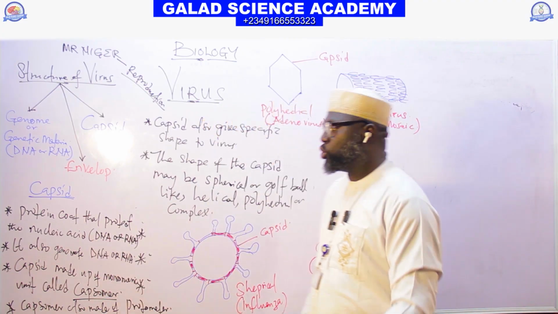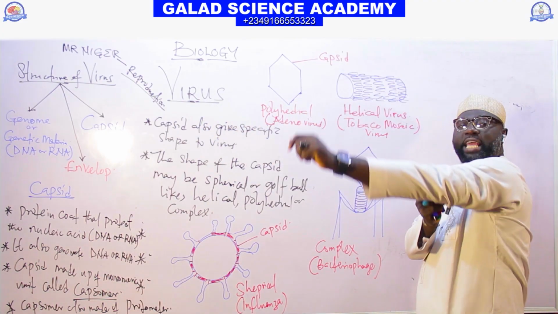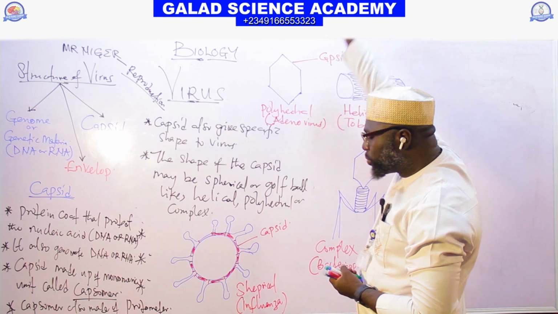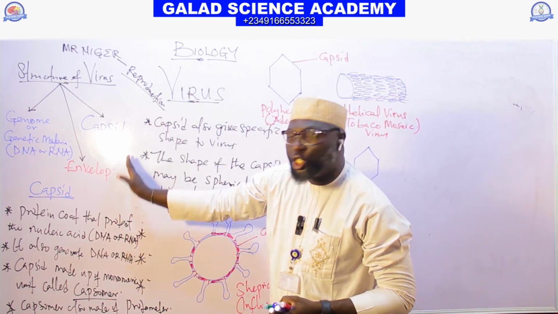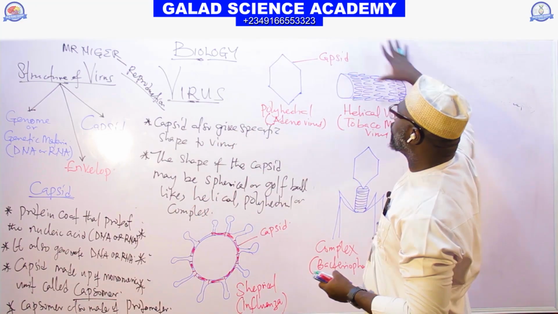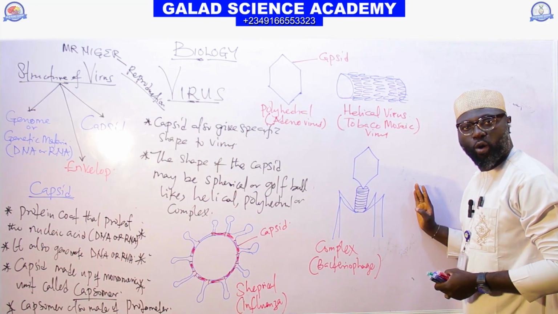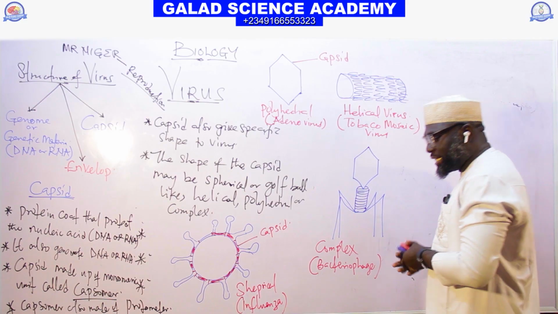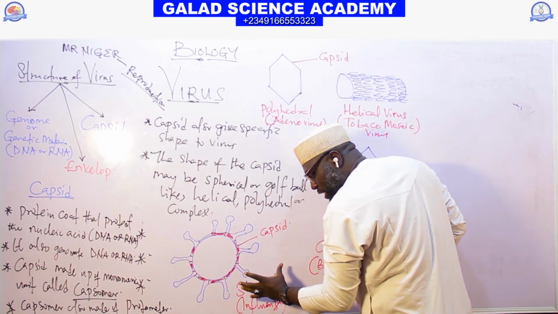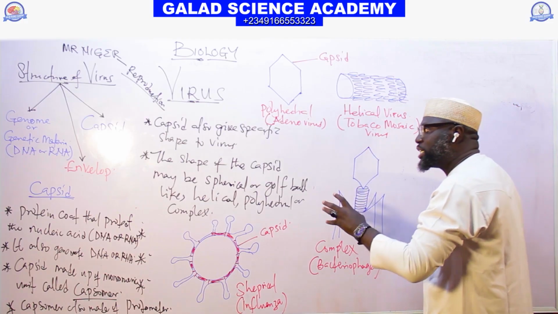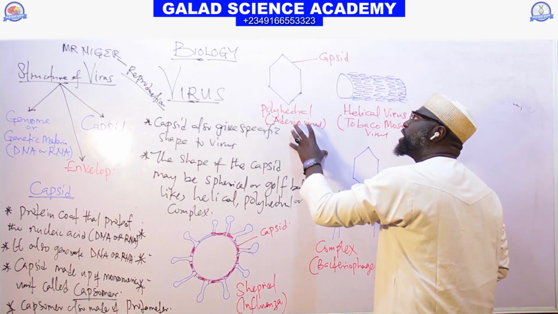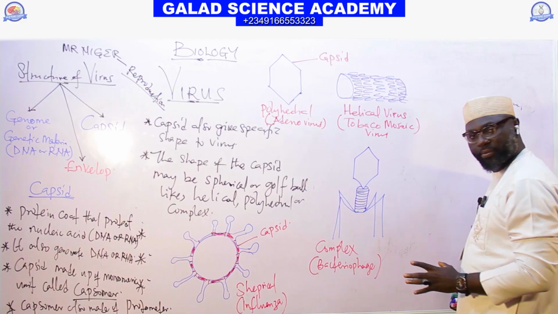So what I'm trying to say here is this. The capsid is what gives shape to the virus. The capsid of the influenza virus is spherical. The capsid of the adenovirus is polyhedral.